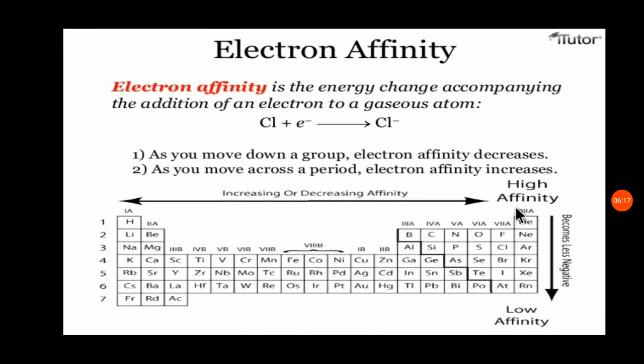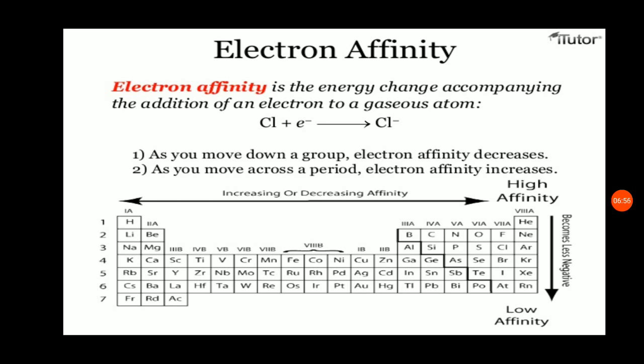Next, electron affinity. The electron affinity of an element may be defined as the amount of energy which is released when an extra electron enters the valence orbital of an isolated neutral atom to form a negative ion.